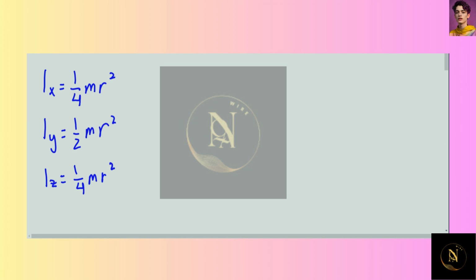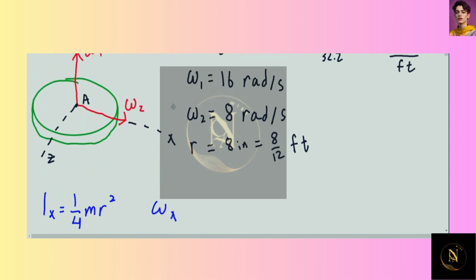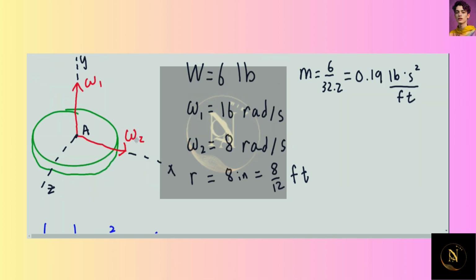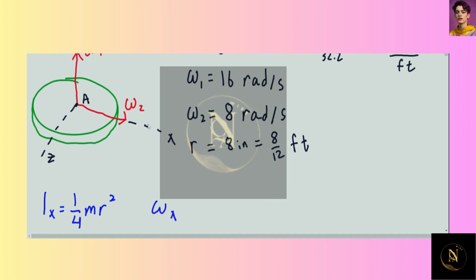Now for the angular velocities, by looking at the free body diagram, and since we used the right-hand rule to figure out the directions, we see that omega 2 is in the x direction and omega 1 is in the y direction.